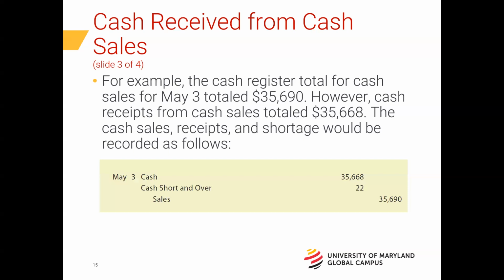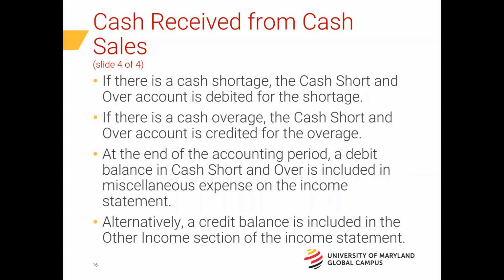And we'll see an example of that here shortly. And the credit account here is sales. We credited sales to increase sales by $35,690. So debit cash, debit short and over for the difference that we're short, and credit sales. So again, if it's a shortage, it's a debit to the cash short and over account. If it's an over, it's a credit.